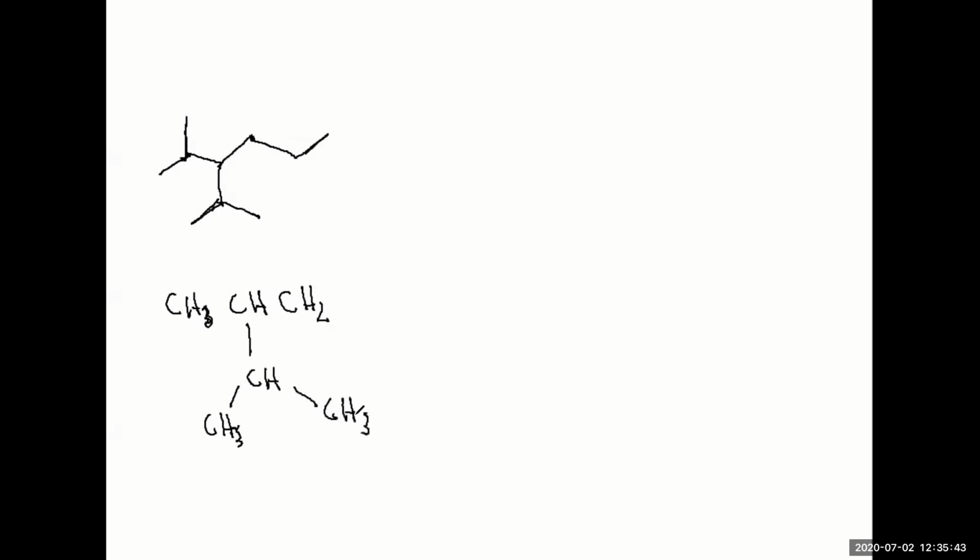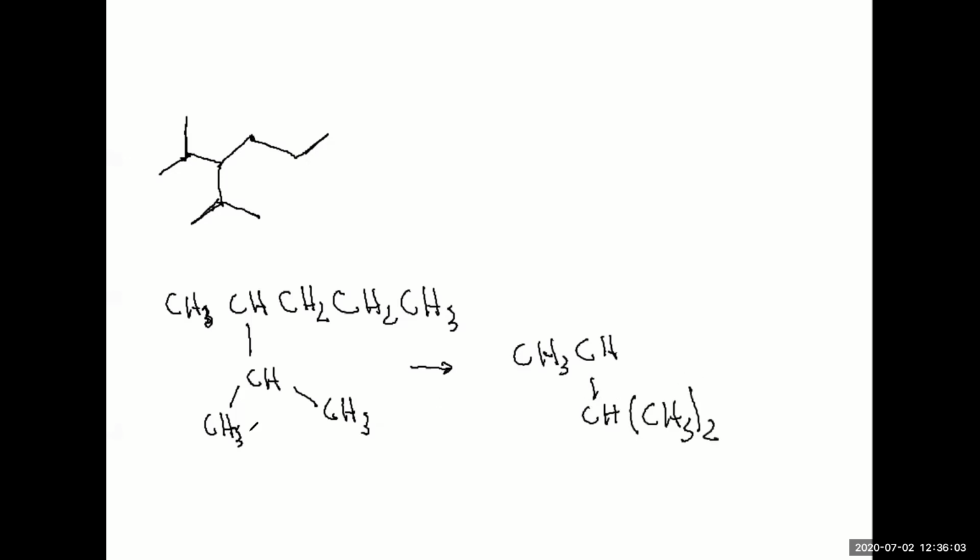Okay, so we're going to clean this up a little bit, CH2, CH2, CH3. What we can do to clean this up a little bit is we can say CH3, CH, CH, and then we can say (CH3)2.